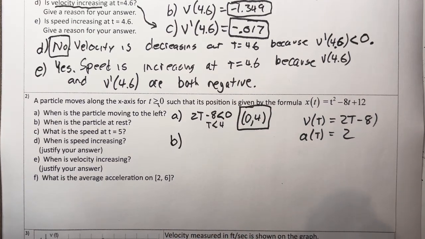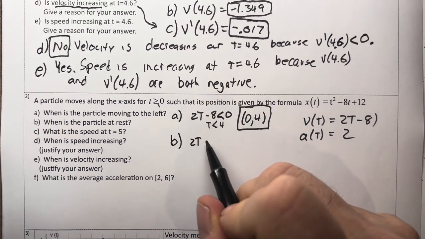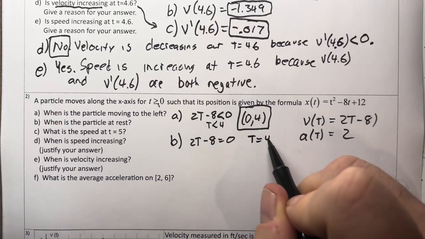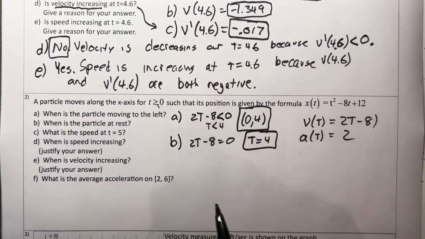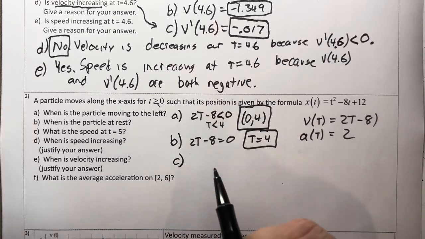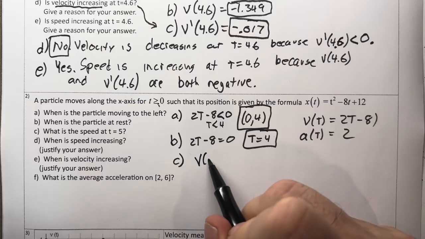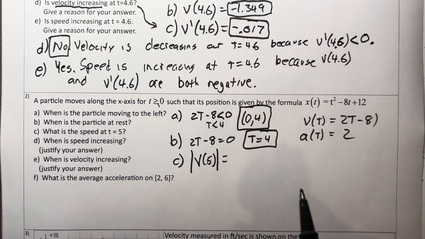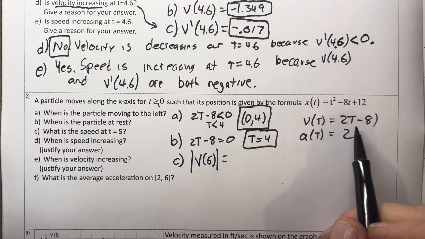When is the particle at rest? That's when velocity is equal to 0. So we'll say at t equals 4. Speed at t equals 5 would be velocity at 5, but absolute value of it. All right, and what do we get when we plug in t equals 5?